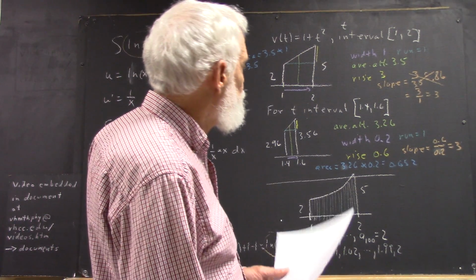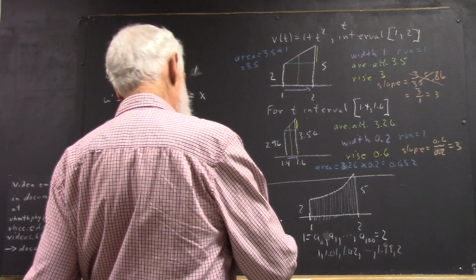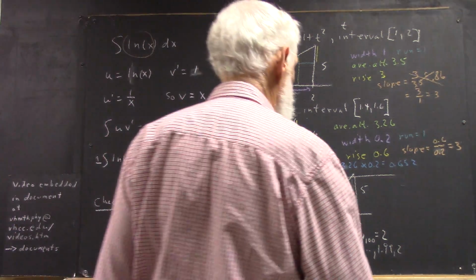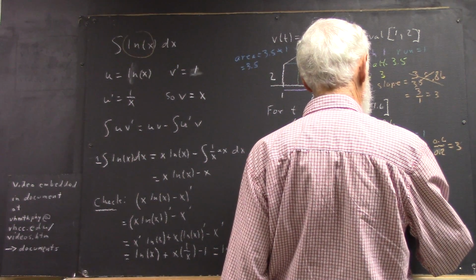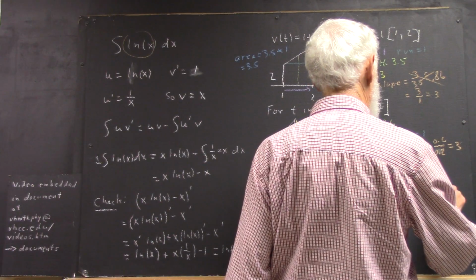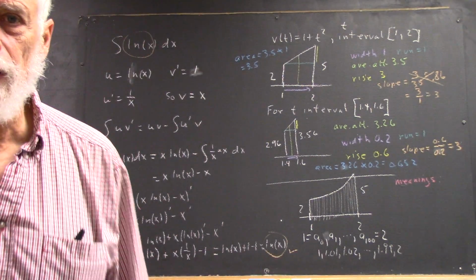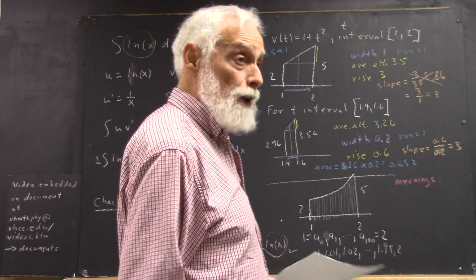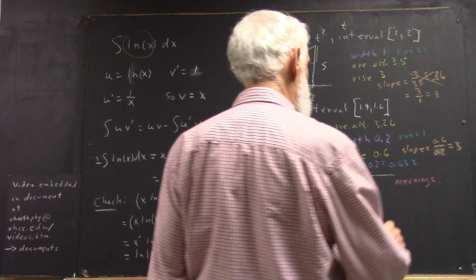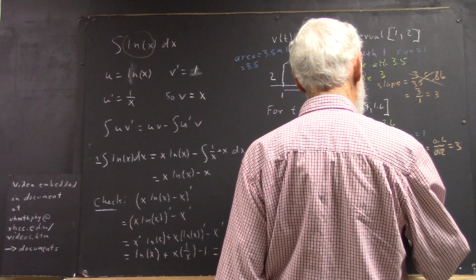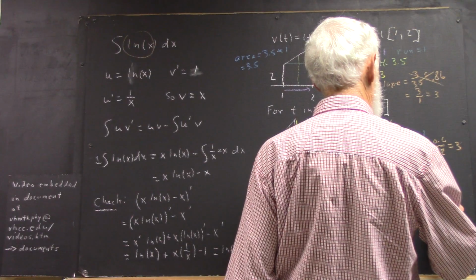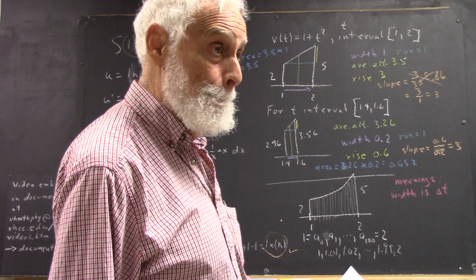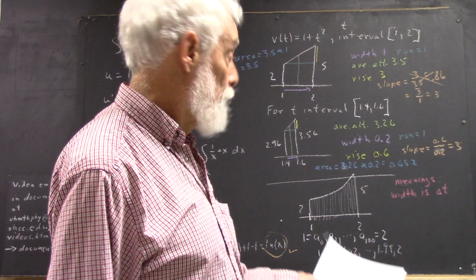Okay, well, meanings. First of all, the most primitive concept or quantities here, the basic quantities are the width and the altitudes. Width is your change in time.